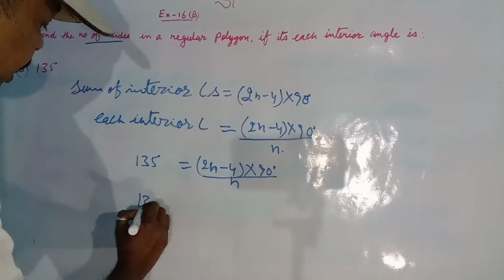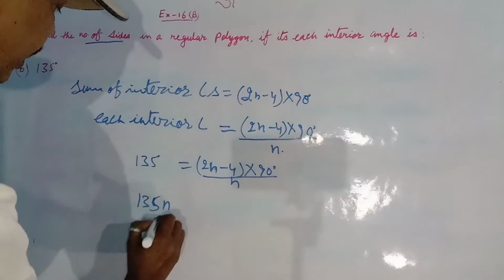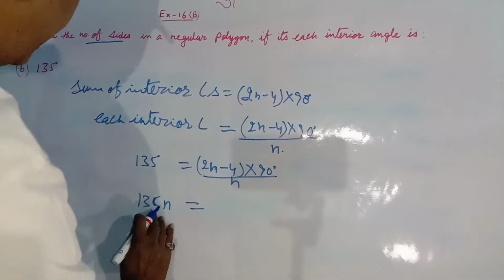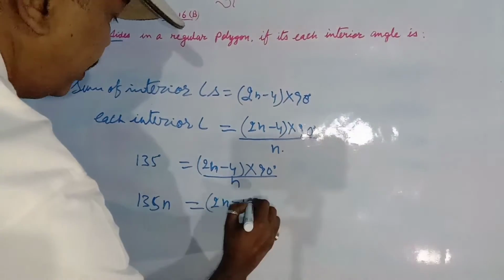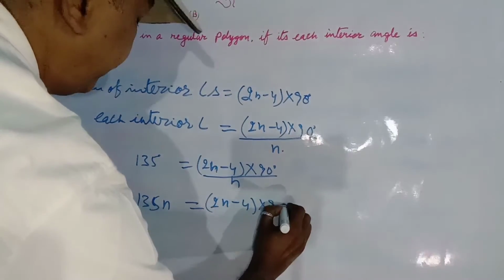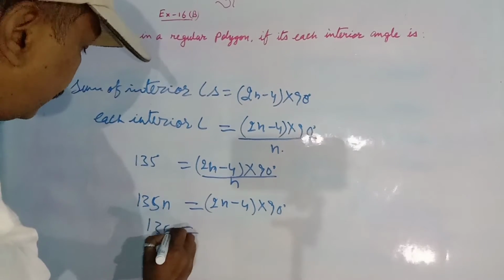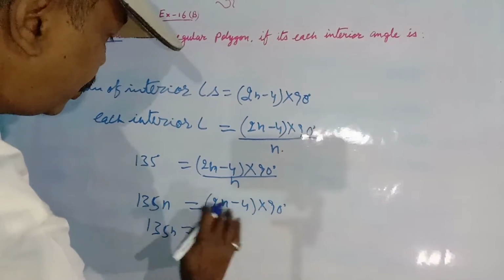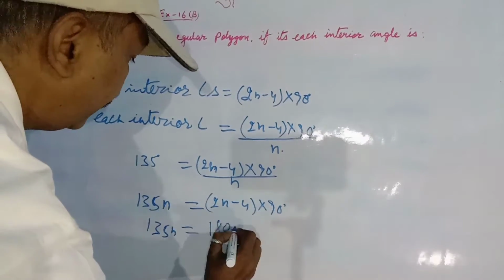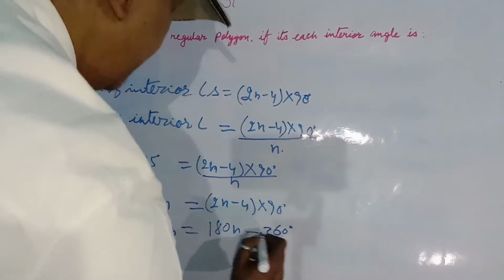Now 135, this n will be here. Now we have 135n, then 2n minus 4 into 90 degree, then 135n equals to 2 nines are 180 and minus 4 nines are 36, means 360 degree.